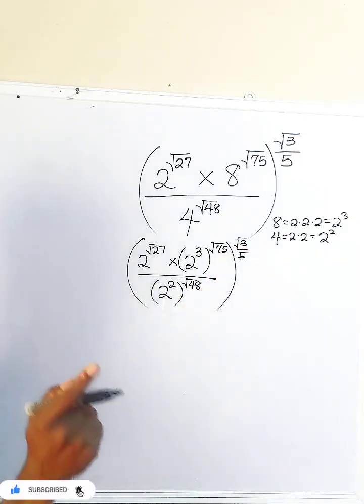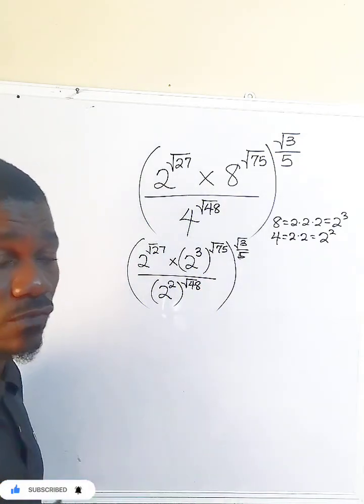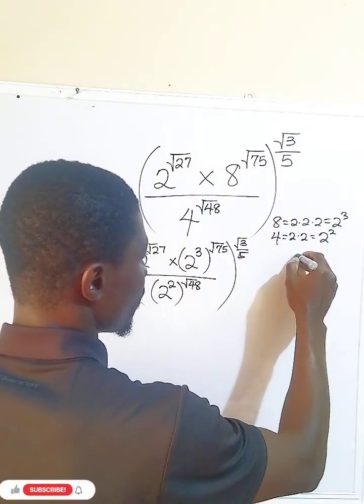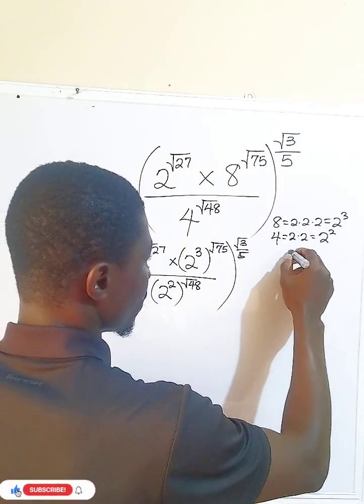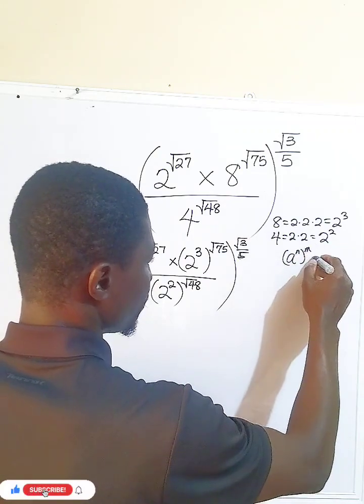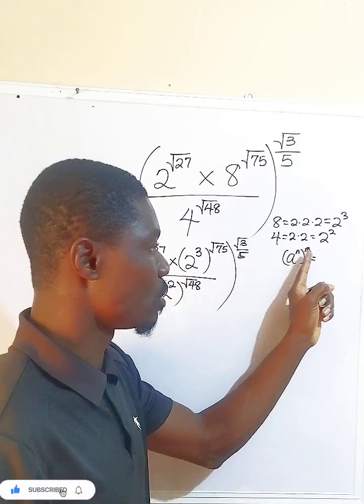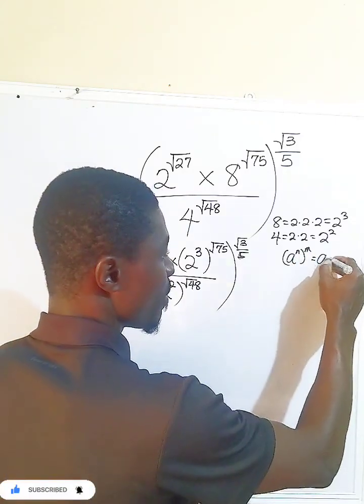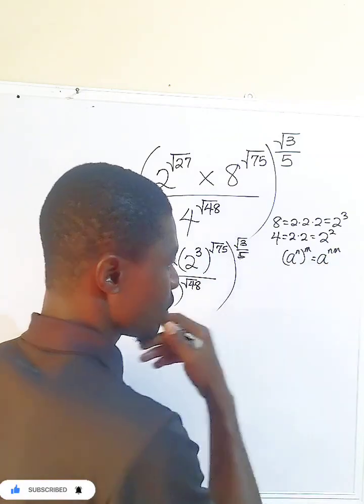Now let us also recall that according to the law of indices, when you have a raised to the power of n raised to the power of m, these two exponents will multiply and we end up having a raised to the power of mn.